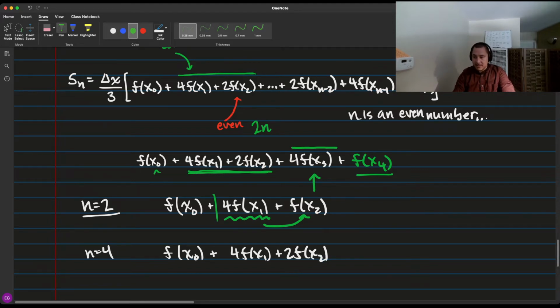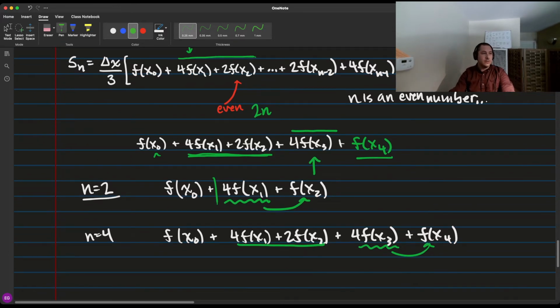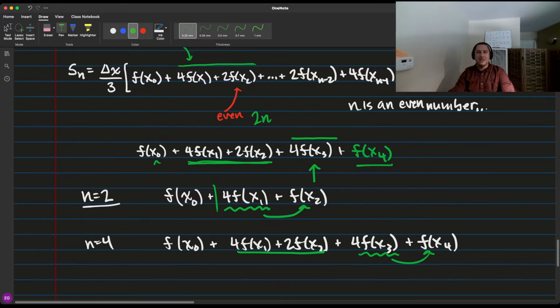That's a pair. And then you get a singular 4f of x3 plus f of x4 before the last one. So then it increases by pairs of 2. Weird, huh? This always throws me off, because there's a single one and then they add in pairs afterwards.